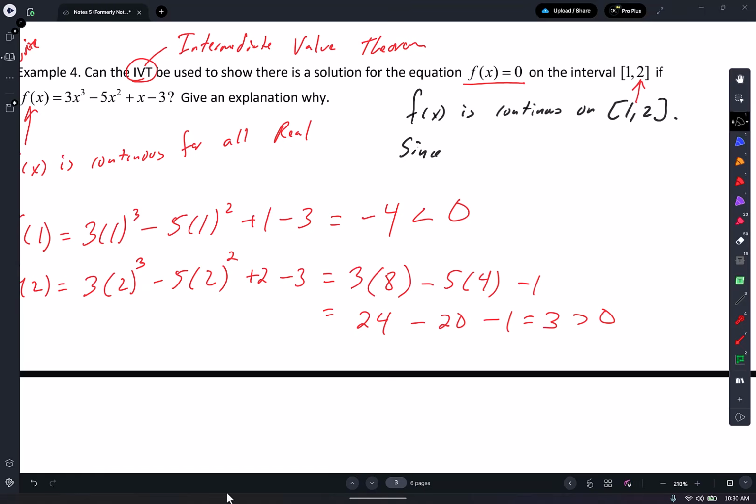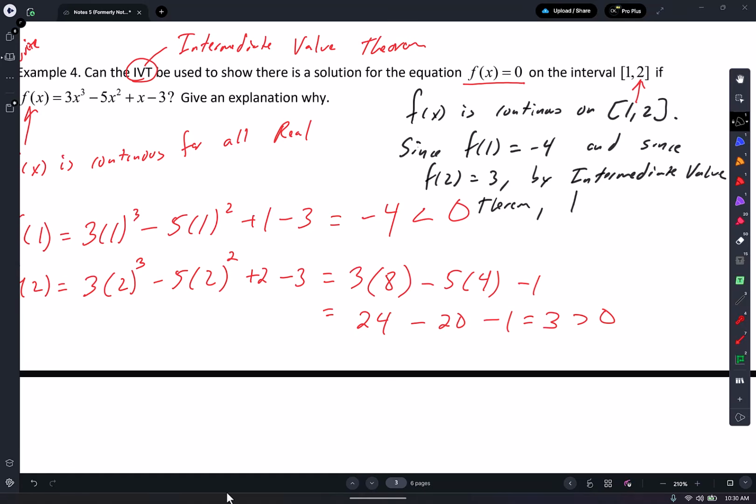Since f of 1 equals negative 4, and since f of 2 equals 3, by Intermediate Value Theorem, f of x must equal 0 somewhere on the interval (1, 2).